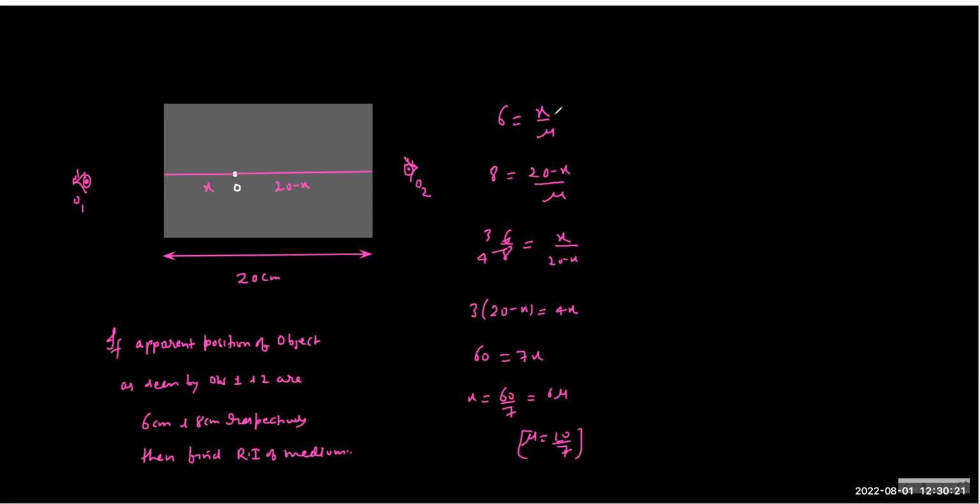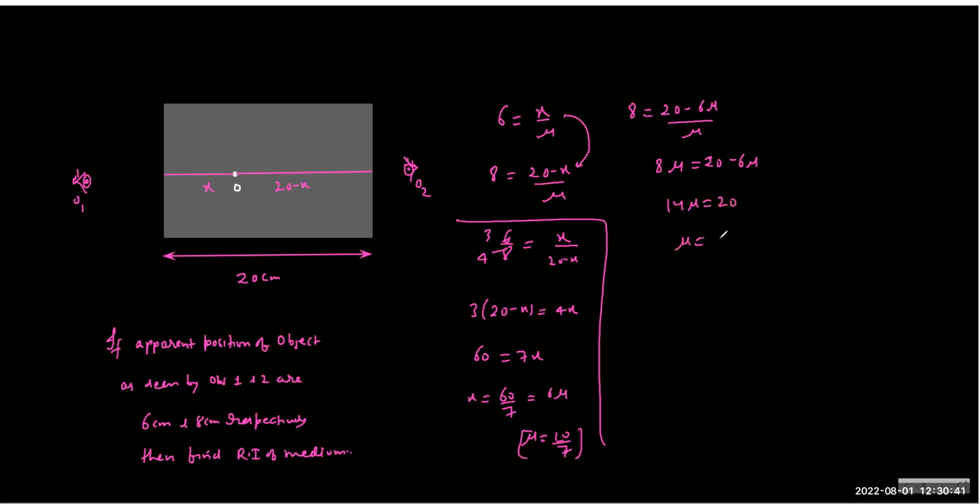Or you can substitute x directly: 8 equals (20 minus 6 mu) by mu, so 8 mu equals 20 minus 6 mu. Sometimes you can find x also. So mu is 10 by 7. I hope this is clear. Yes, sir.